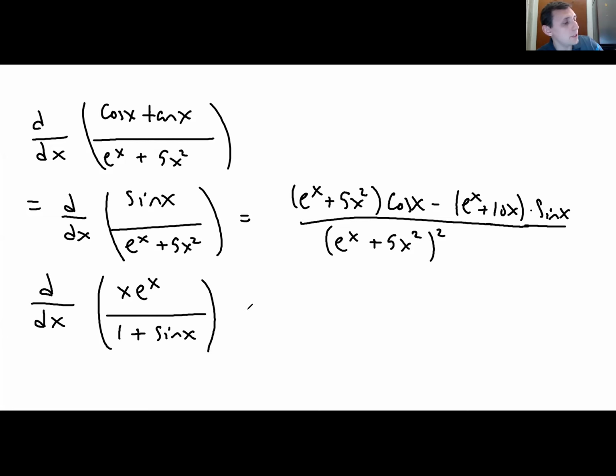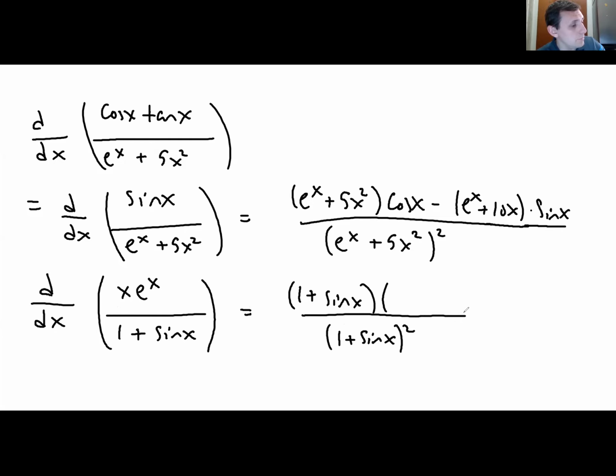Here, nothing that I can see can be simplified, so what do you do? You square the denominator, because you see the main operation is division here, so you square the denominator, 1 plus sine x squared, then you write 1 plus sine x, and then the derivative of the numerator is itself product rule, right? Numerator is product rule, so it's e to the x plus x e to the x, and then minus derivative of the denominator, it's cosine x times x e to the x. Good?